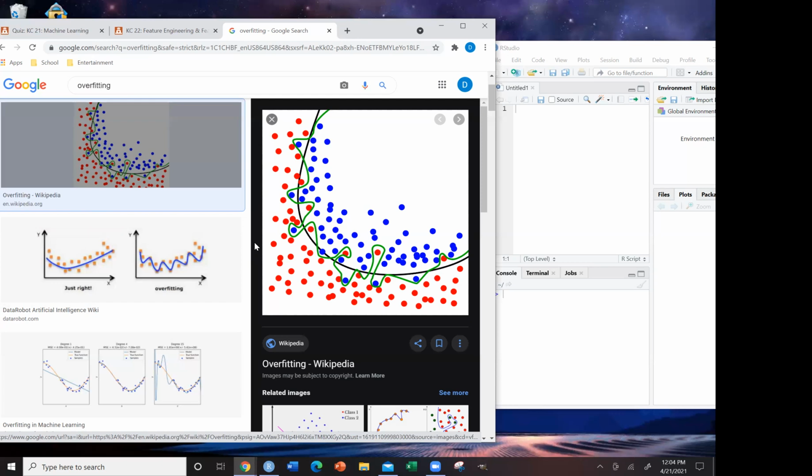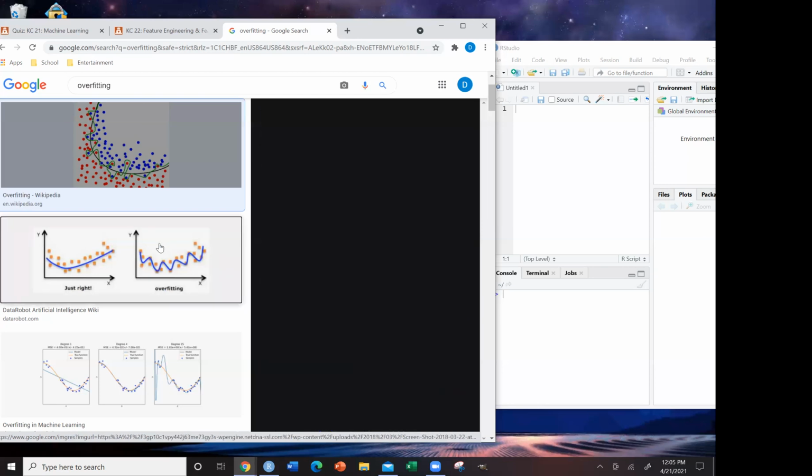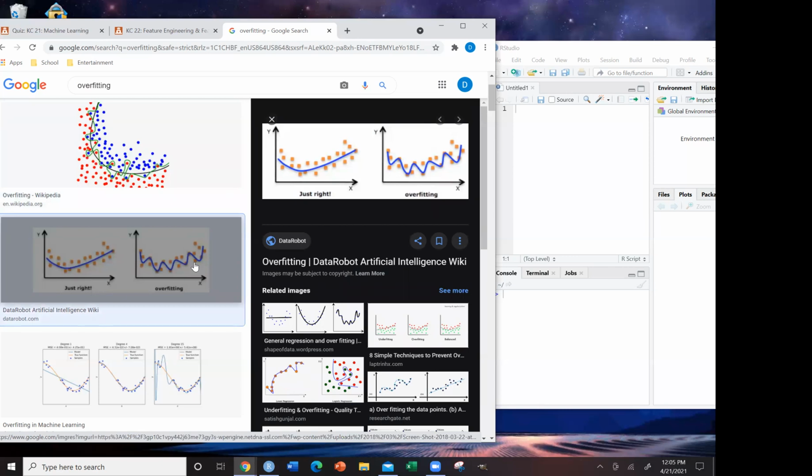The black line is just a rough estimate of what is supposed to happen, and the overfitted model is trying to account for every little bit of randomness, and it's actually ascribing variables to randomness when it really shouldn't. You can also see another version of it on the left. Look at that image down to the left. That model on the right is the one labeled overfitting.